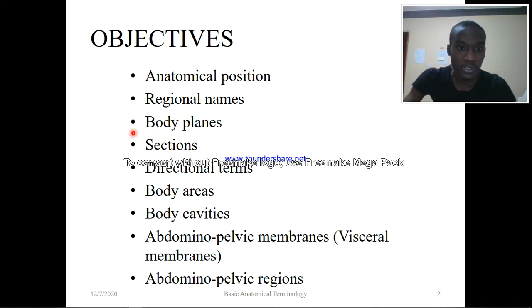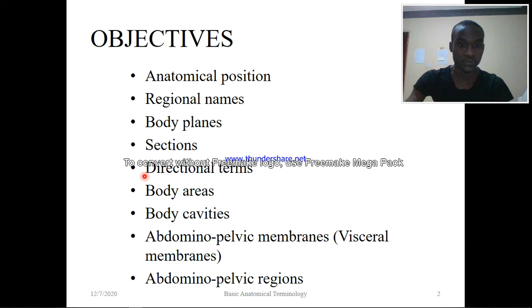Then body planes: by the end of this topic, someone should be able to define a body plane and then mention and describe the particular planes that we use in studying the human body. Then someone should be able to define what a body section is, and the particular types of body sections that we may find.